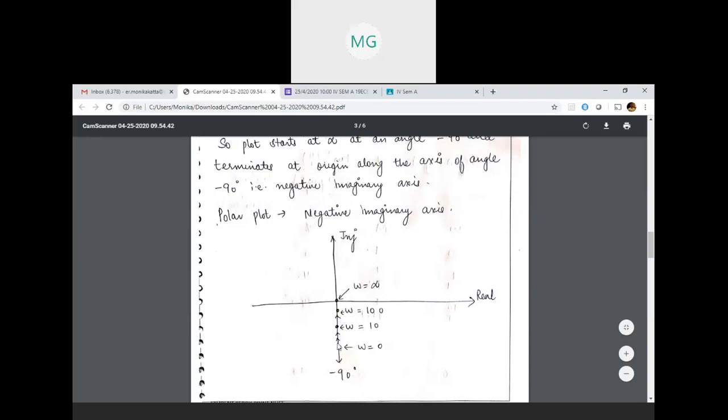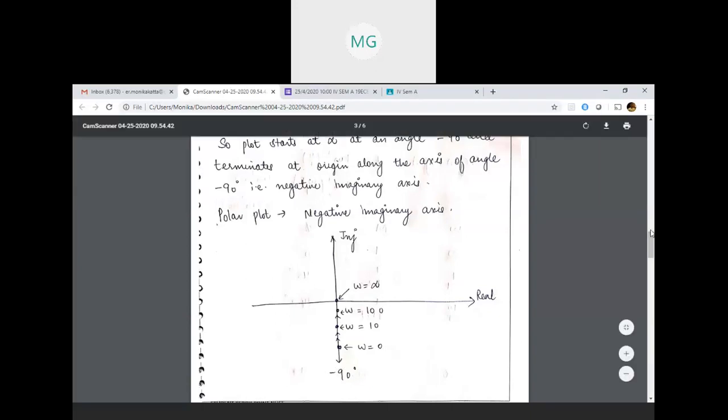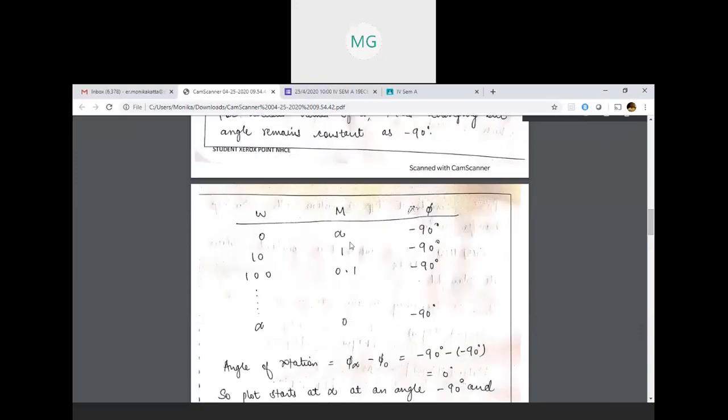Some point towards infinity, you will mark that point as infinity at omega equals 0. And it will terminate. I hope I'm telling it correctly, right? Yes, not omega equals infinity. At omega equals 0, the magnitude is infinity. Okay.